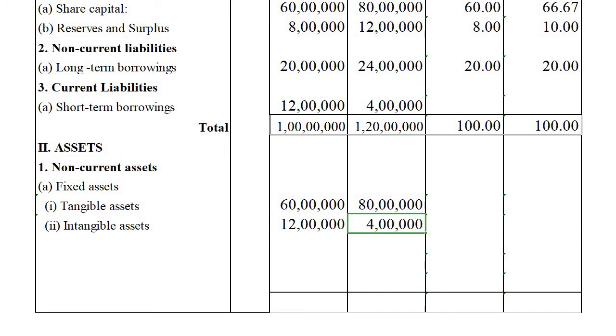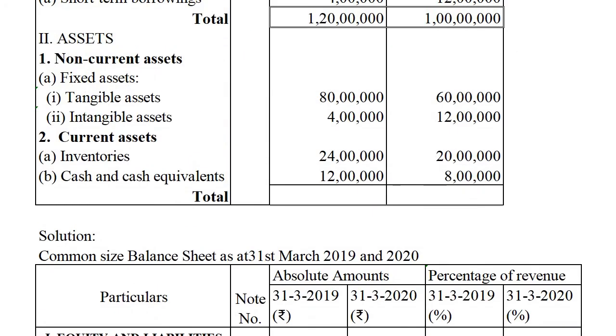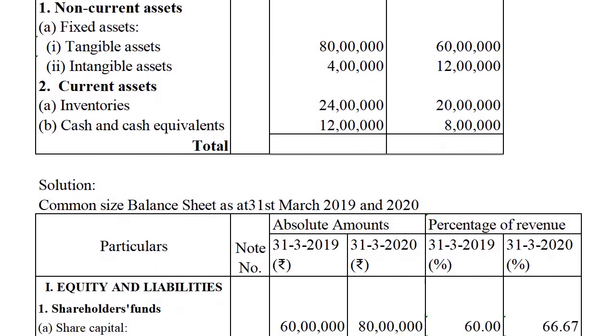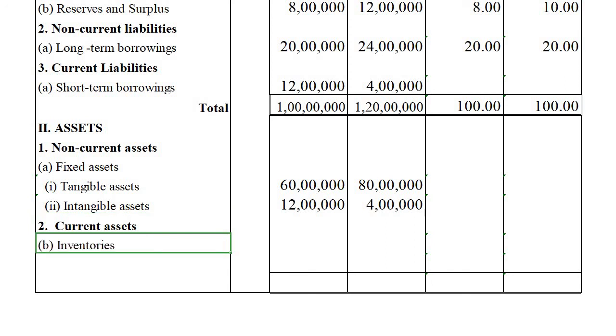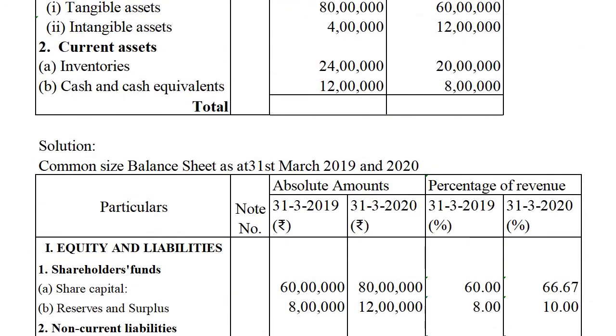Then the next item, current assets, inventories and cash equivalent. So next category, current assets. In that, inventories: previous year 20 lakh, current year 24 lakh.